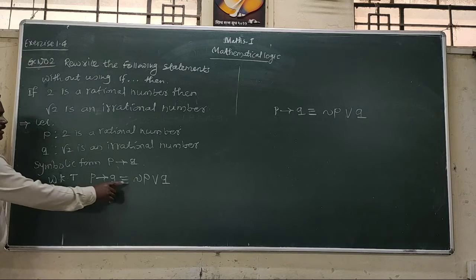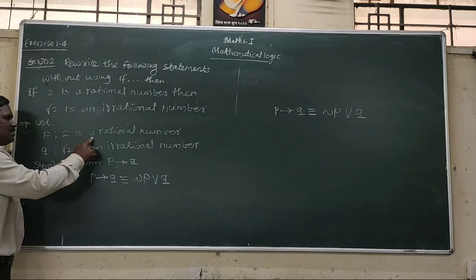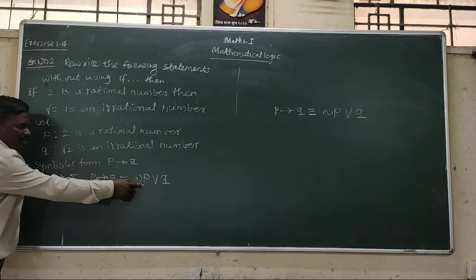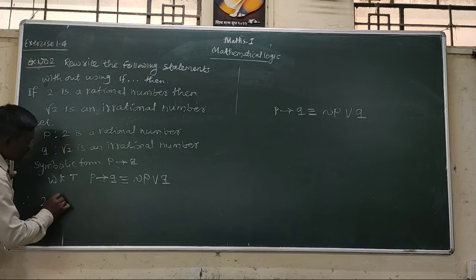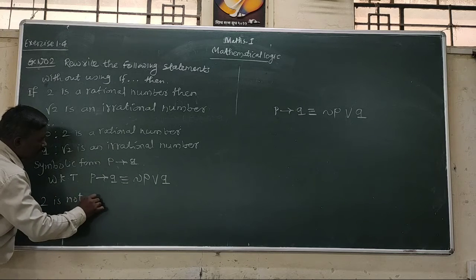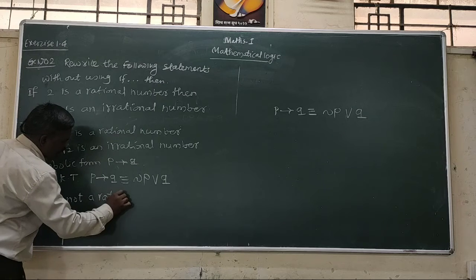Therefore, P is 2 is a rational number. Negation of P is 2 is not a rational number.